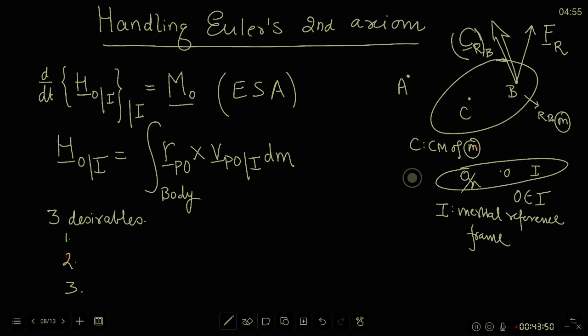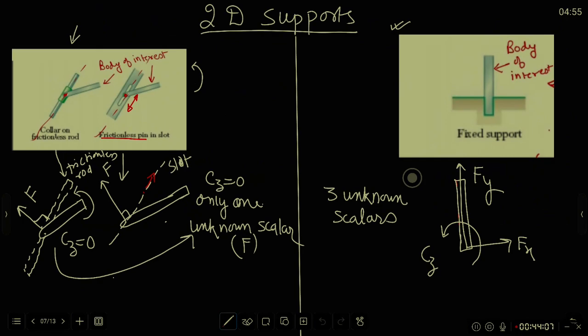First axiom, to remind you, Euler's first axiom tells us that the net force acting on an RB is mass times acceleration of its center of mass with respect to an inertial frame.